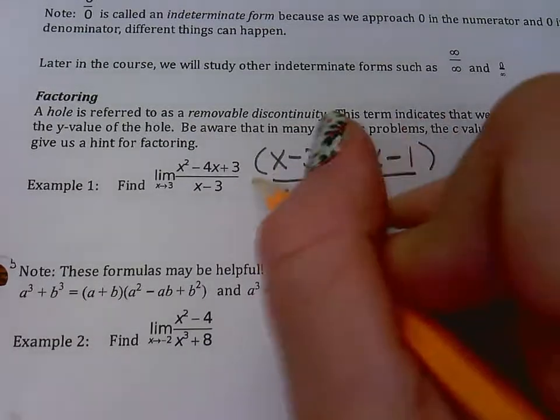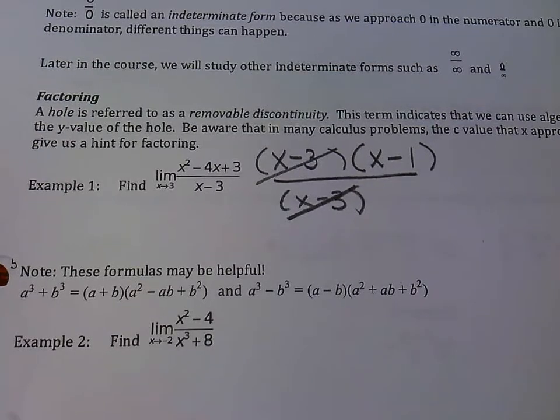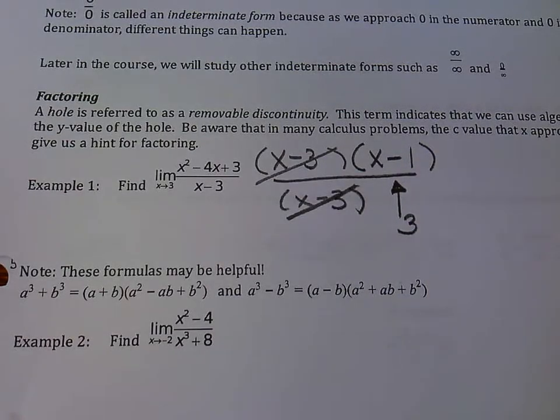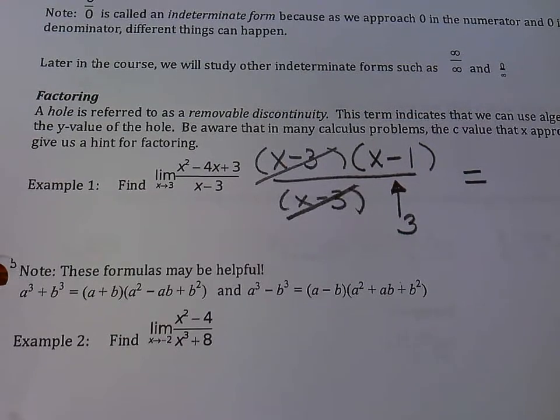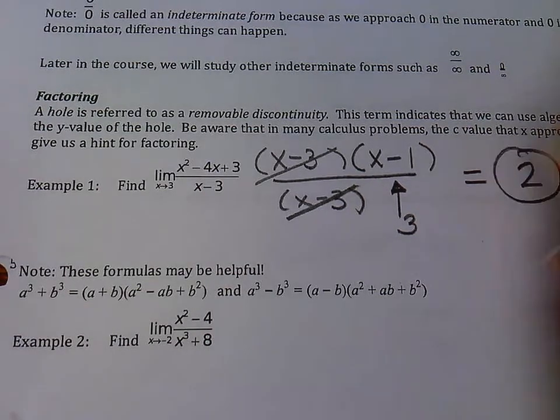So those x minus 3's cancel out. We've already done this year in rational functions. So what I want to do is plug 3 into what I have left. So what would the limit or the y value be for this function? When you plug in 3, you get 2. So the limit is 2.